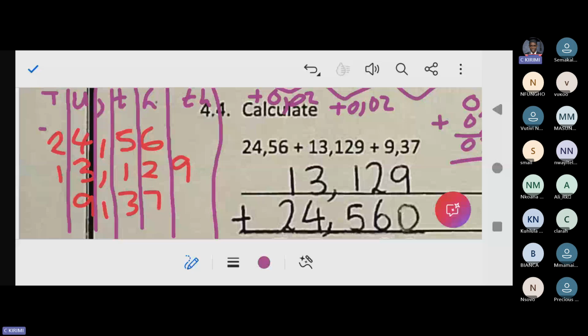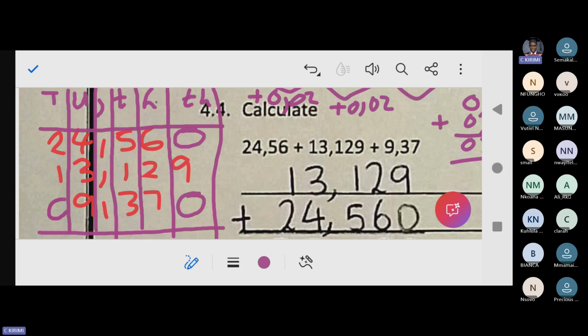So now you are adding those numbers. Where there is nothing, like this one, you want to make it also a 3 decimal, 24,56. Where there's nothing, that's why I said you add a placeholder, a 0. 9,37, where there's nothing, you add a placeholder, a 0. Here, there is nothing in the tens, so just a 0 in the tens.